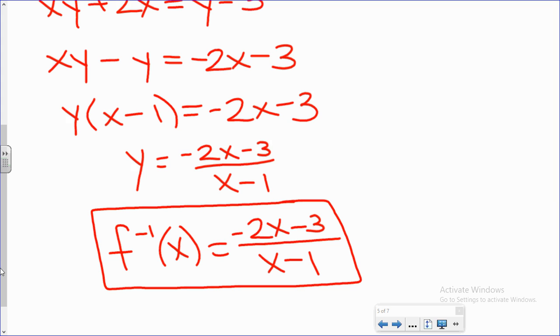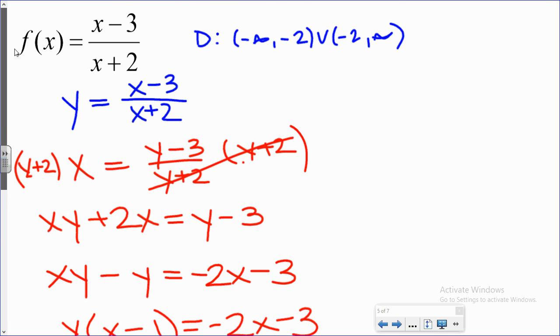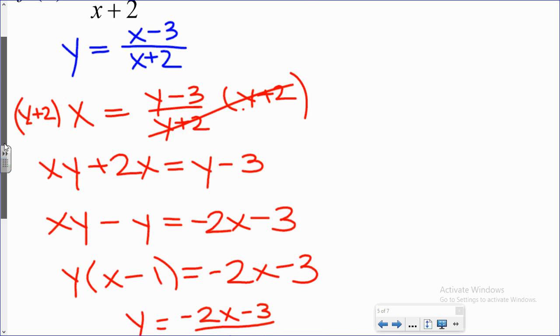Now, let's talk about the domain and range of the inverse. All the way at the top, we decided that the original function had a domain of everything except -2. What does that tell us about the inverse?